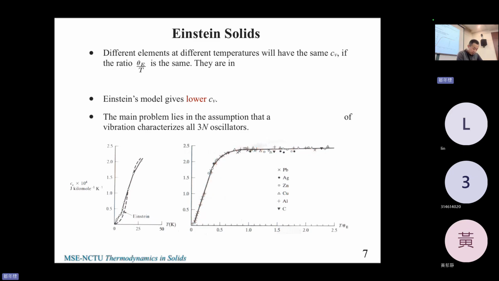Very interesting. And also we notice that, for example, if we have points with the same ratio theta E over T, here the triangle is copper, right?